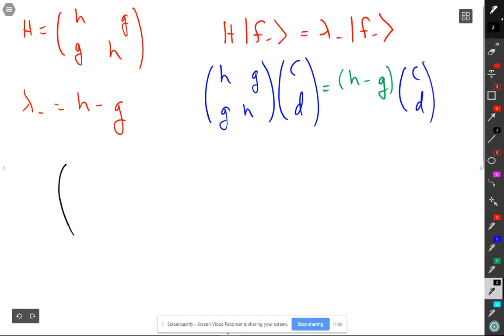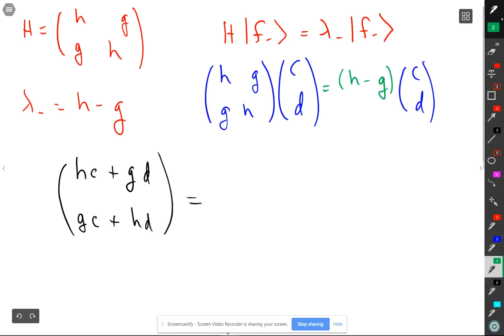So when we multiply through, what do I get for the top row? HC plus G. Right. What about the bottom row? GC plus H.